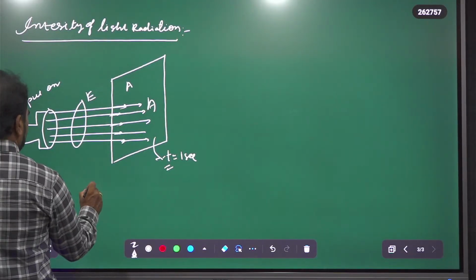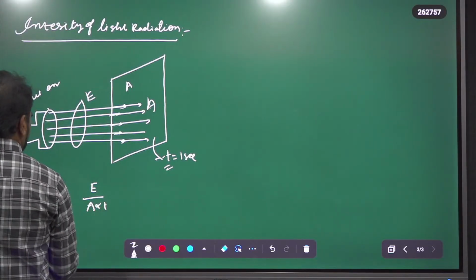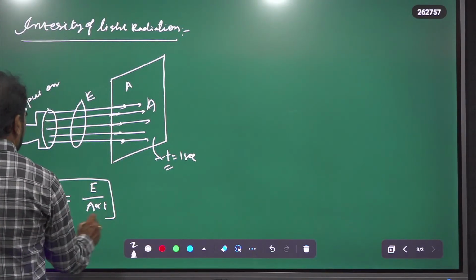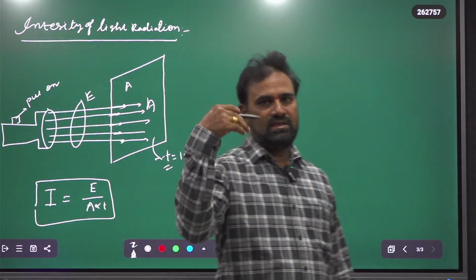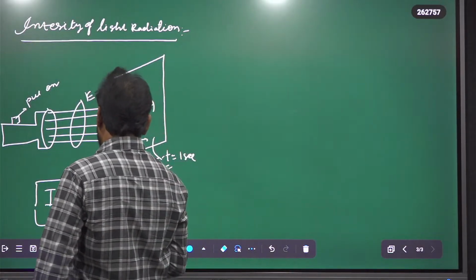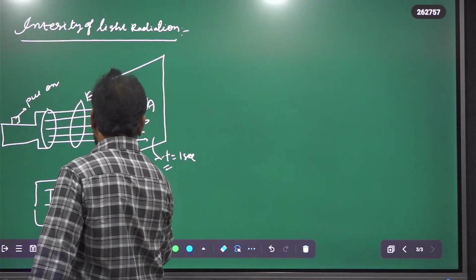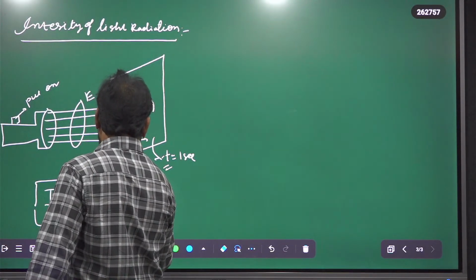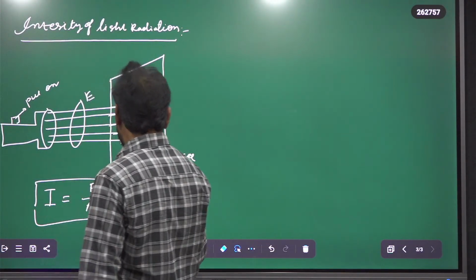That is, I is equal to E upon A into T. The intensity of photon or intensity of light, I is equal to E upon AT. From this it is very clear, and I am also writing E as h nu, so I is equal to h nu upon A into T.